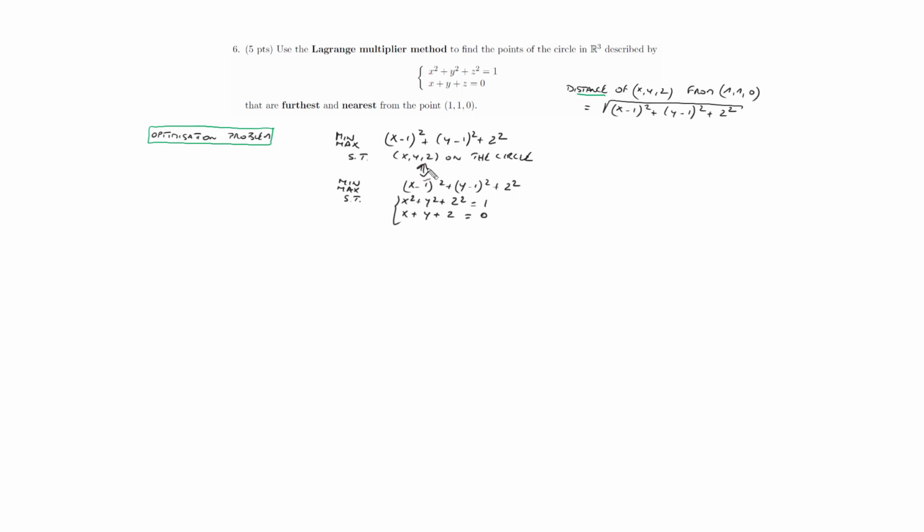And this you can rewrite as follows by saying that (x, y, z) on the circle is an (x, y, z) that meets these two equations, right?